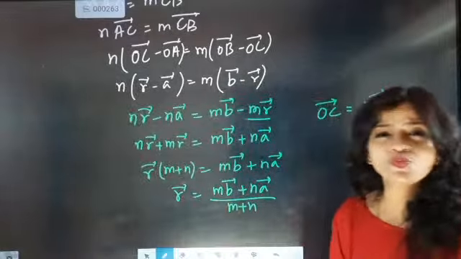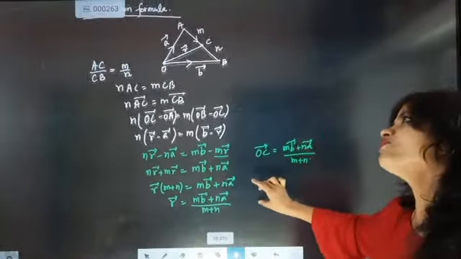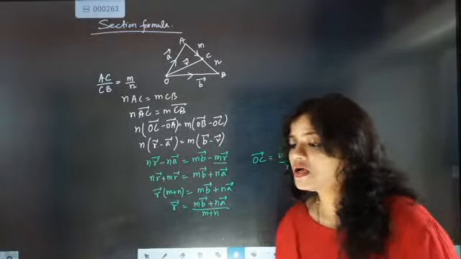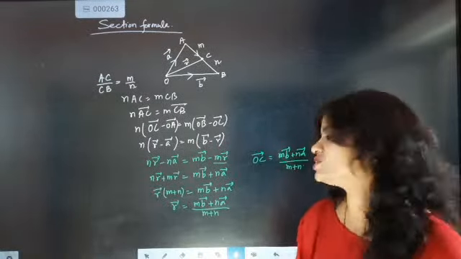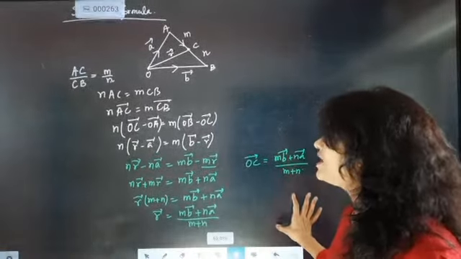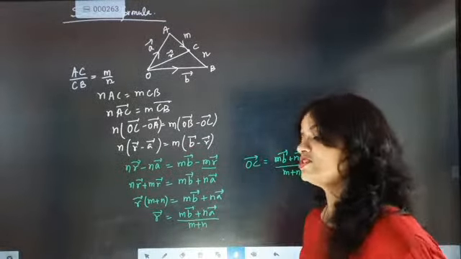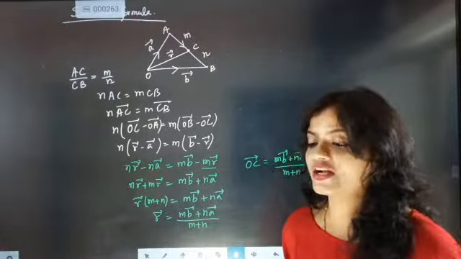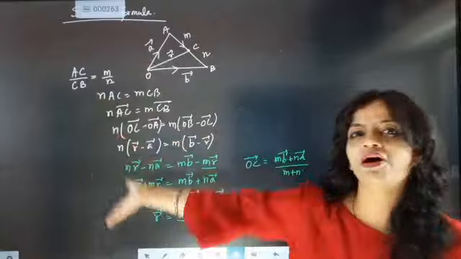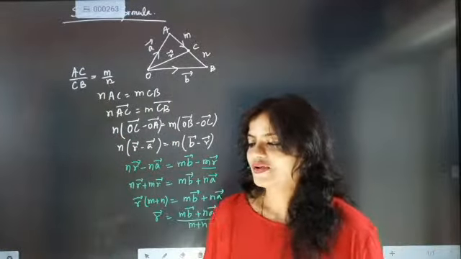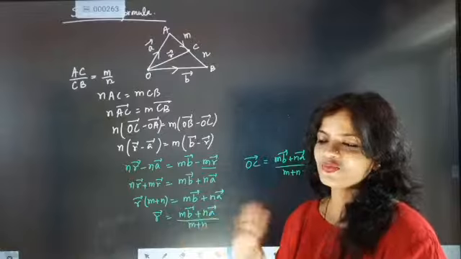I told you, once position vector comes into play, story over from there, because in section, whatever content you write after that, just keep on applying position vector and you will be getting the answer as fast as possible. I really love position vector. After introduction of position vector, triangle of addition has given all the powers to position vector. And position vector is the very simplest one to play with.